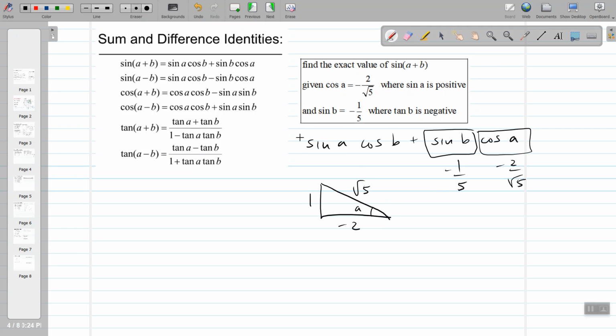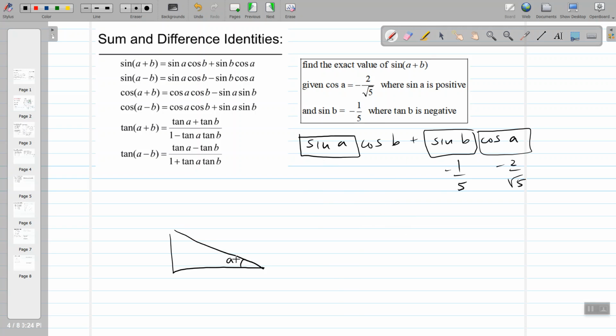Let me move the drawing over so we have a little more space. Again, we had this A, I knew that it was -2 over rad 5, which means this has to be a 1. And the sine of this triangle is opposite over hypotenuse, so that's going to be 1 over rad 5.